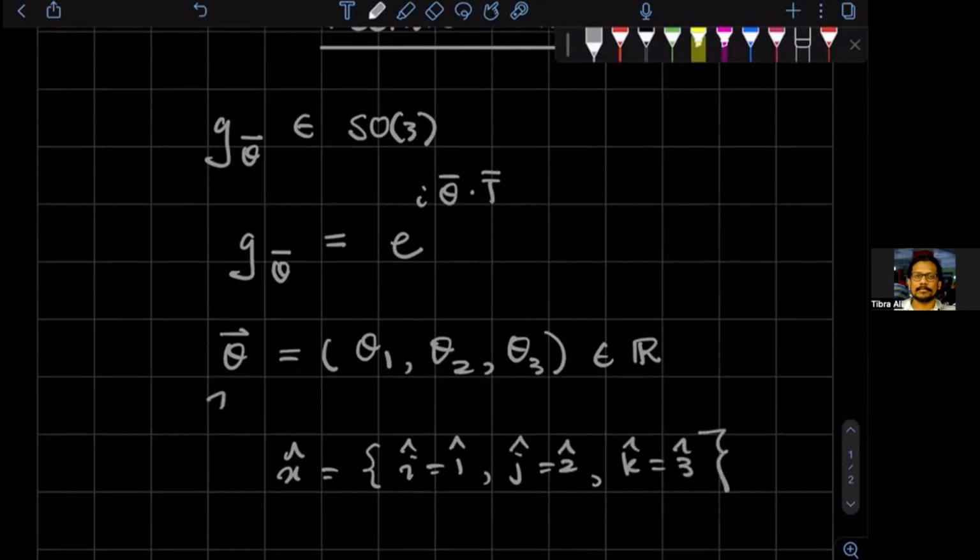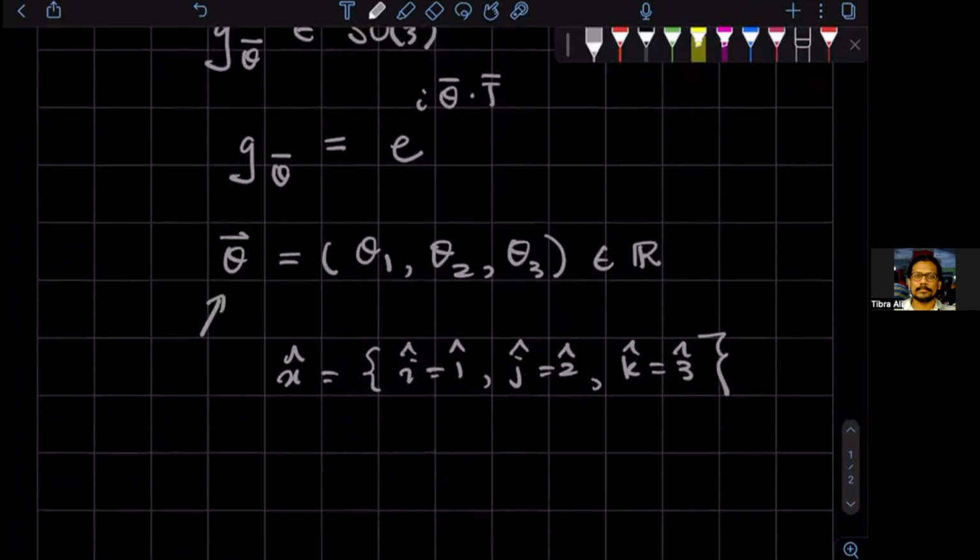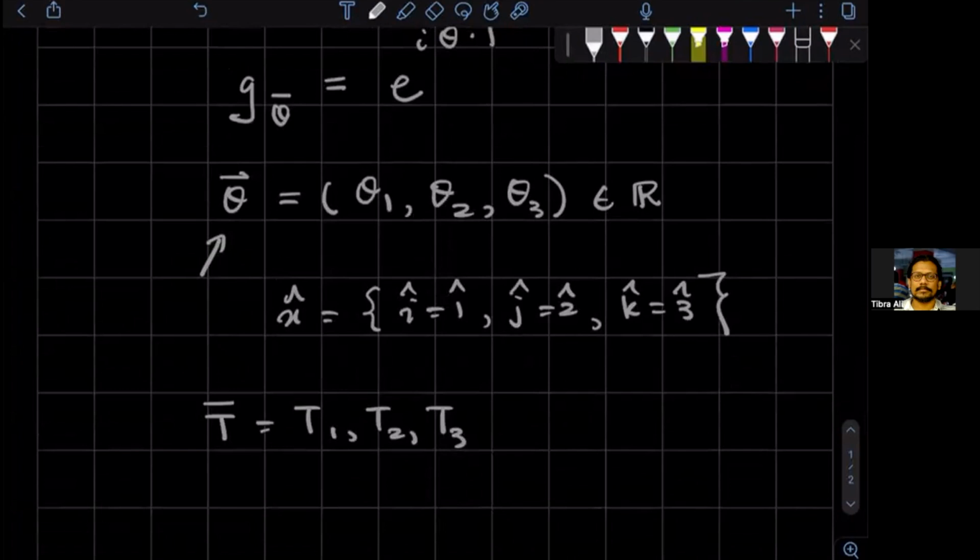So theta is a set of three real numbers, and the T's, which are T1, T2, and T3, are the generators.